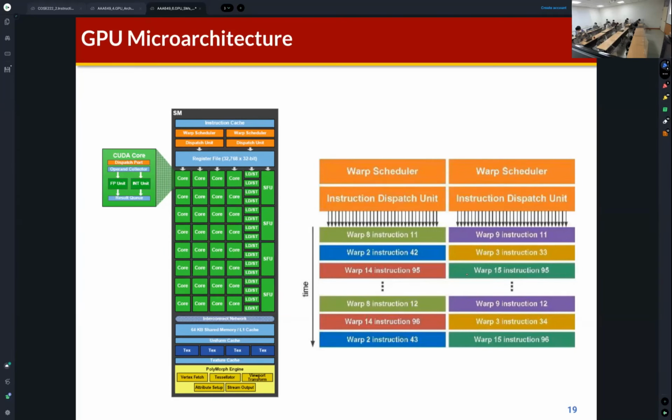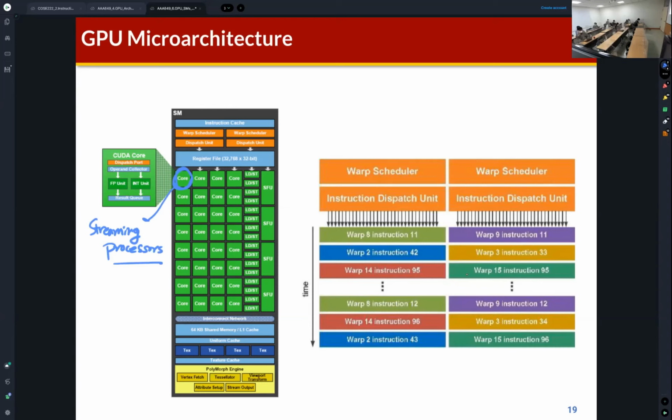As I mentioned, the GPU has multiple cores, and this core is called the CUDA core by NVIDIA. It's also called the streaming processor, the SP.